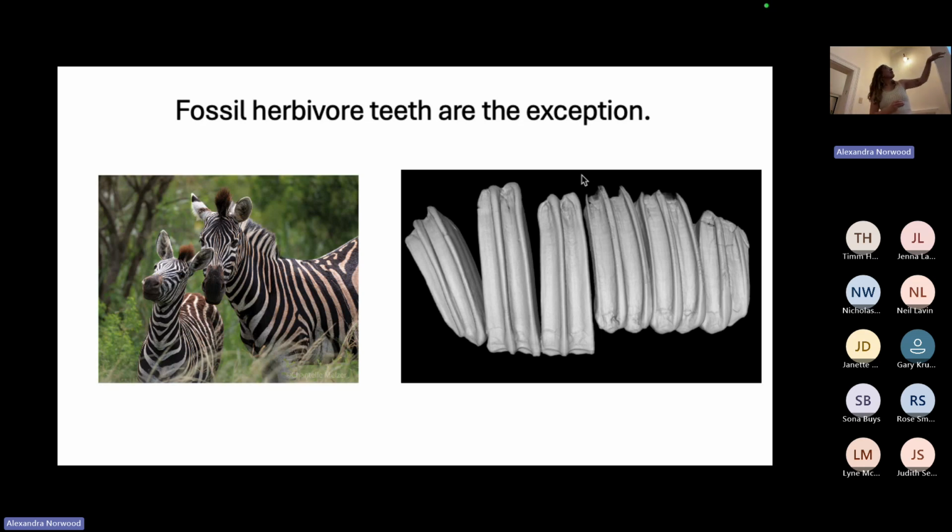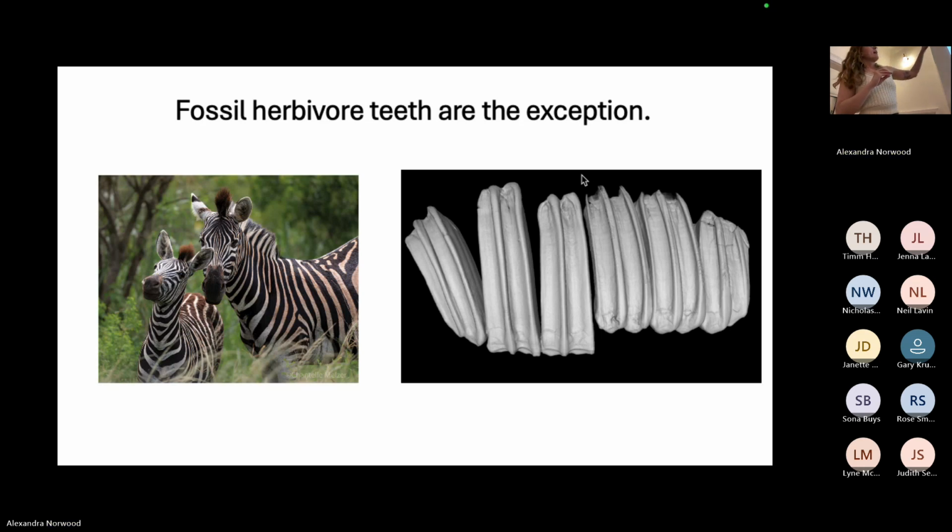And what happens when an animal eats is that the chemical composition of all of its food is recorded in its teeth, in all of its tissue, and your bones. This is true for you as well. Your bones, your hair, your skin, all of it is recording the chemical composition of all the food you eat and all the water you drink.